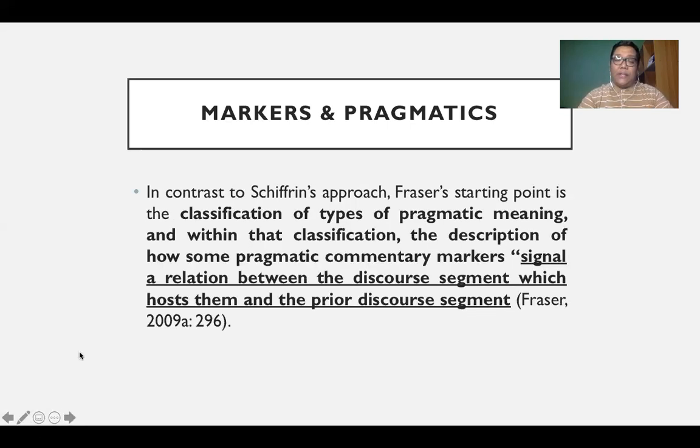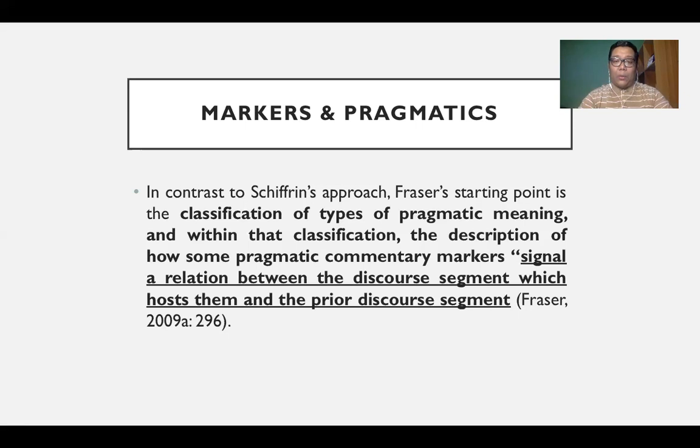In contrast to Schiffrin's approach, Fraser's approach is totally different because Fraser's starting point is the classification of types of pragmatic meaning, and within that classification, the description of how some pragmatic commentary markers signal a relation between the discourse segment which hosts them and the prior discourse segment. So this is what Fraser is emphasizing.